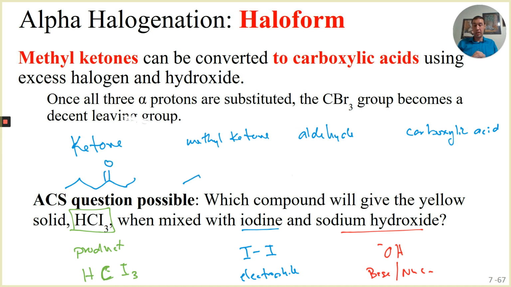So there's a ketone, there's a methyl ketone, there's an aldehyde, and here's a carboxylic acid. If you just memorize that for this classification test, it's a methyl ketone, now what you're looking for is anything that has just a CH3 next to a carbonyl, and there you go, there's your answer.